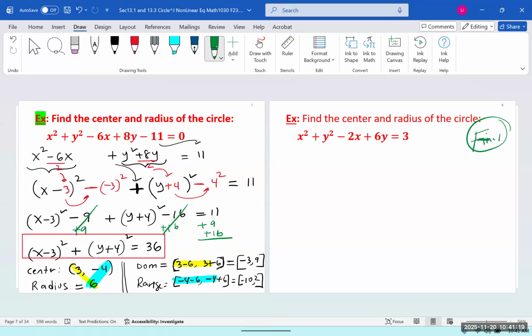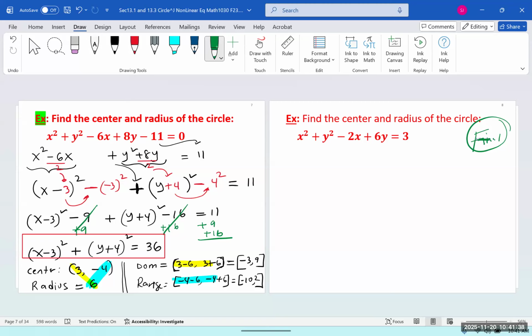In the final exam, if they just ask for the center and radius, then you don't even have to complete the square. But that's only for the final exam, not for the in-class exam. In the in-class exam, I'm going to ask all 5 things.